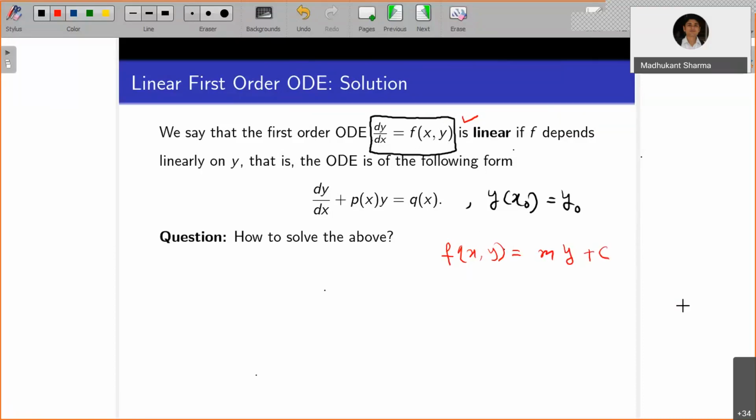Linear means straight line, but the m or c here are allowed to be functions of x. That also says that it is linear in y. So if the right hand side takes this special form, then we will say that this new form of ODE is a linear first order ordinary differential equation.